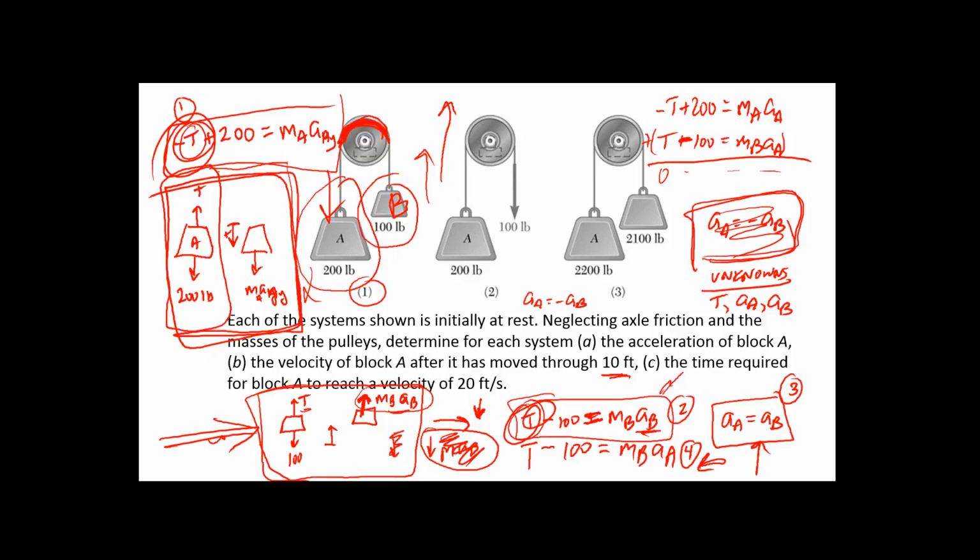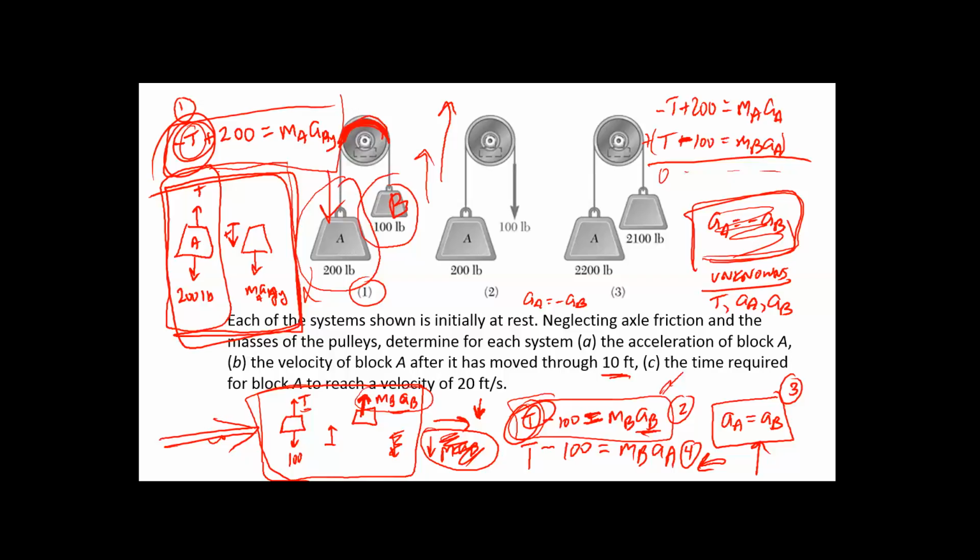Yeah. And I guess second question is, when we're trying to solve this, can't we just do the force of the 200 pounds minus the force of the 100-pound mass? As we talked about a little before, there are multiple ways to solve these problems.